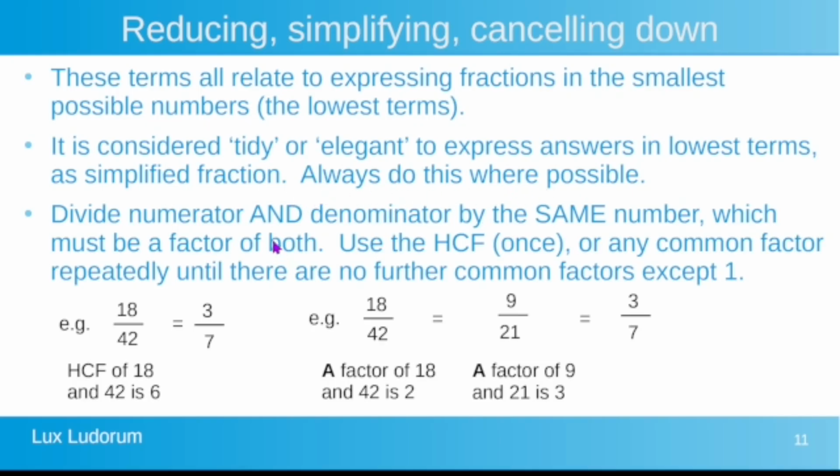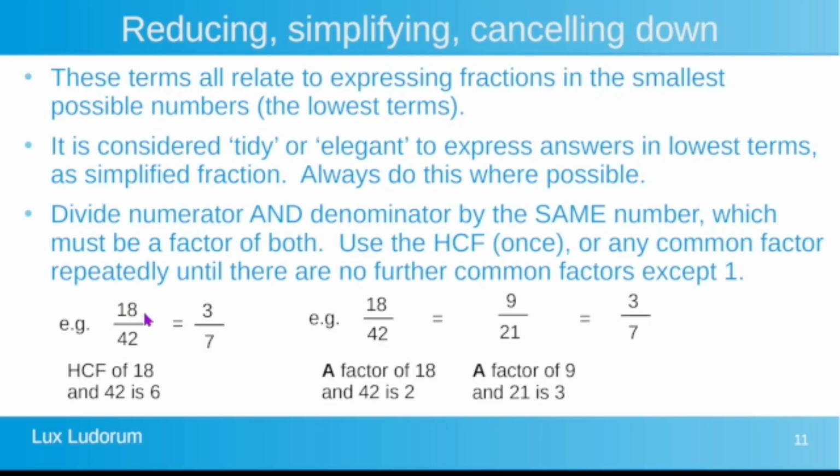The method is to divide the numerator and the denominator by the same number, which must be a factor of both. It must divide into both. Use the HCF, highest common factor. If you do this, you only do the division once, or you could use any common factor, but you might have to repeat that a number of times until there are no further common factors except one.